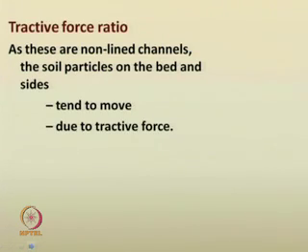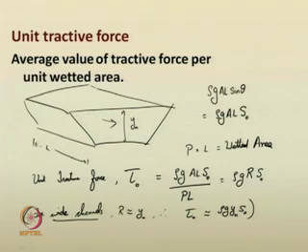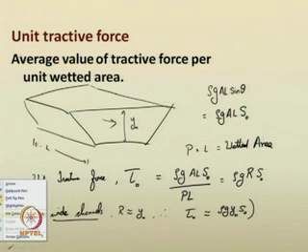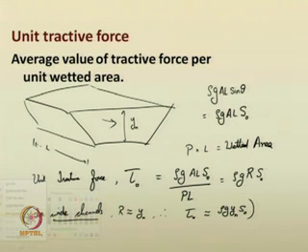We can also now introduce another concept called tractive force ratio. What is meant by tractive force ratio? Before going into that, again you can deal with the same channel. Let me change the color of the ink so that it will be visualized.